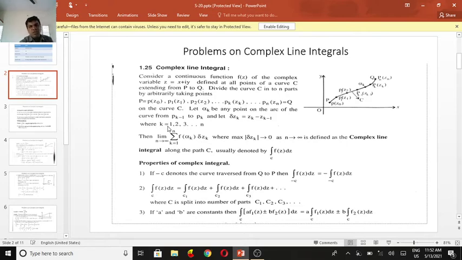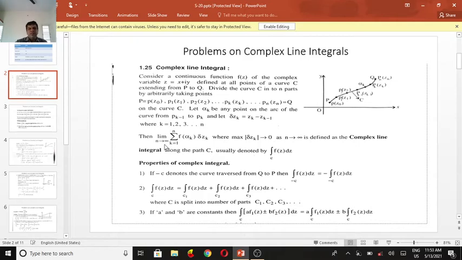We take the length delta zk equal to zk minus zk minus 1, where k equals 1, 2, 3, etc.